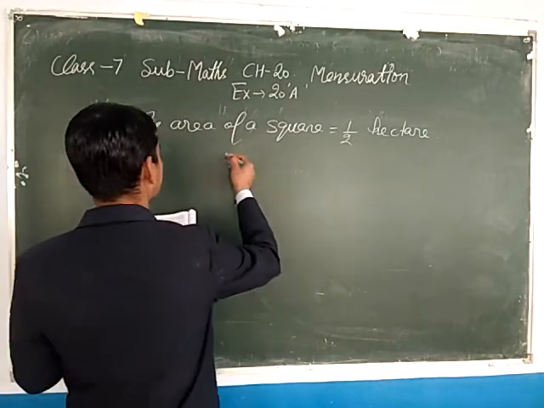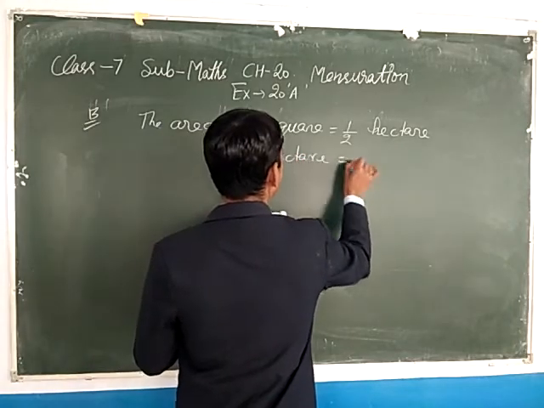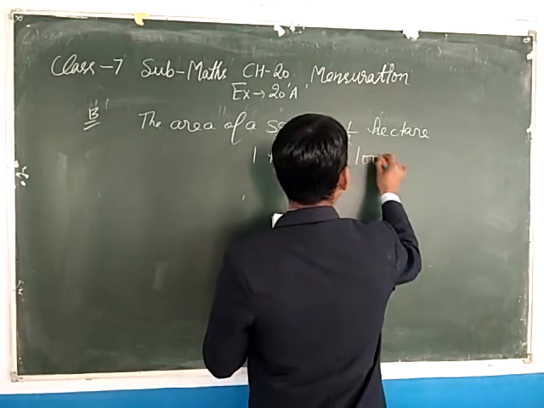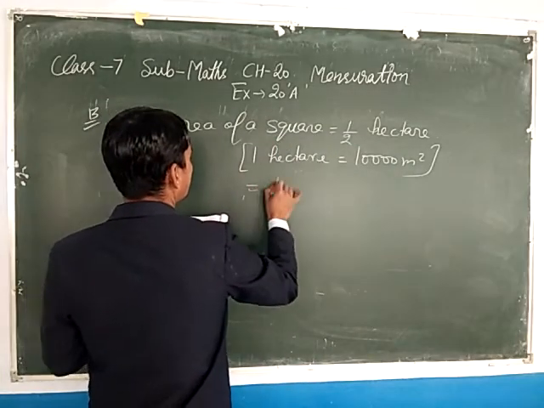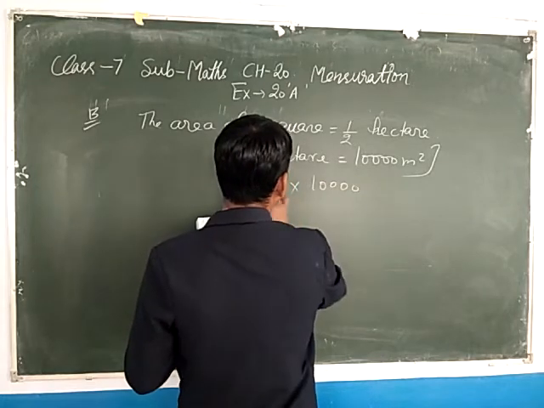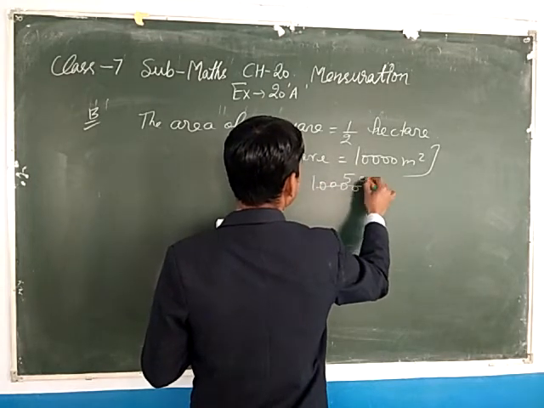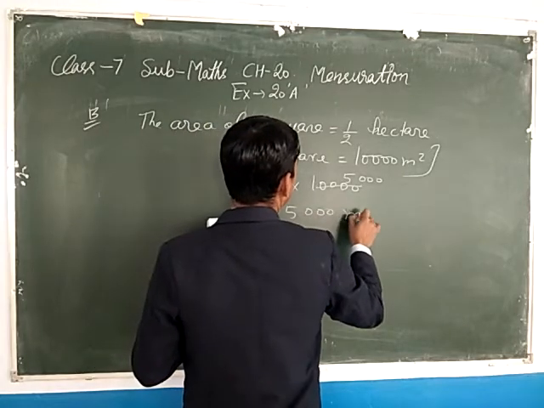Length of diagonal. So we know that 1 hectare equals to 10,000 meter square. So put here 1/2 multiply 10,000. So beta, 2 5s are 10, 3 0s as it is, means 5,000 meter square.